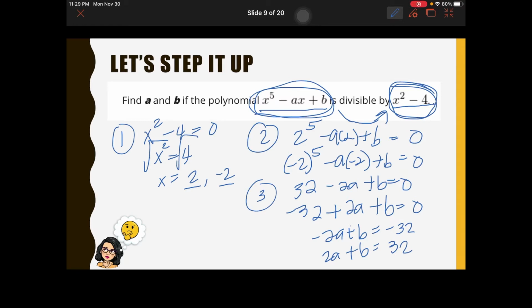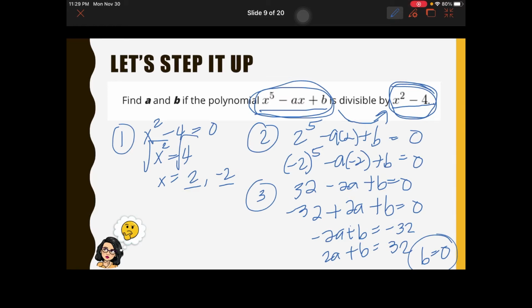Alright? So, yan po ang ating two equations, and using our knowledge in solving equations in two variables, ang makukuha po nating value ng b ay 0. So, since may value na po tayo ng b, we will just substitute that in any of these two equations para makuha po natin ang ating value ng a.